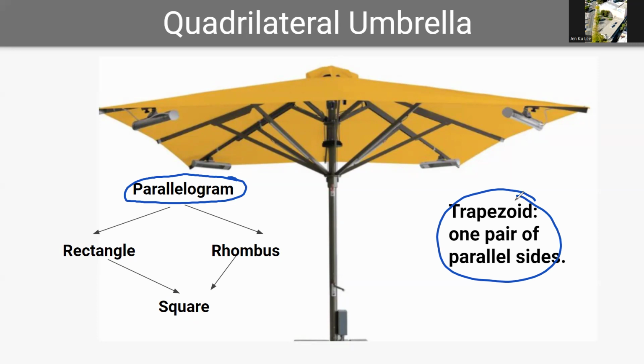Okay. Underneath the parallelogram strand, right, we have a rectangle, we have a rhombus. They hold special characteristics because that's why they're below the parallelogram. Okay. And then a rectangle and a rhombus, if you put them together, they make a square. All right.